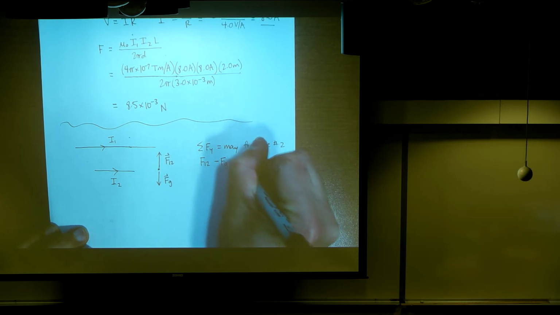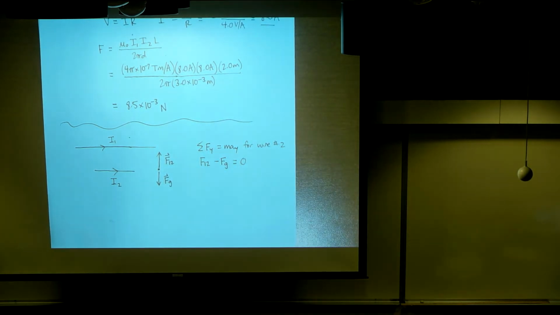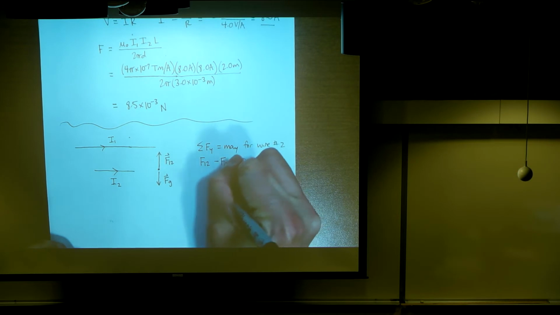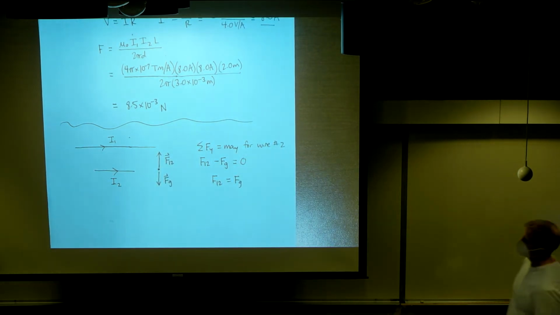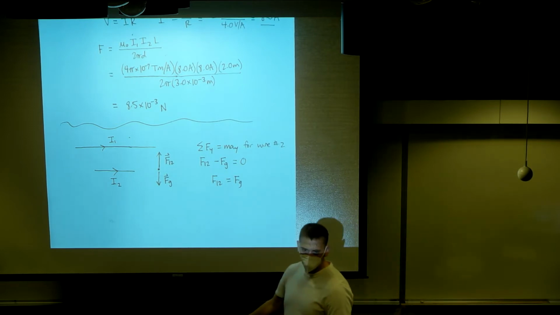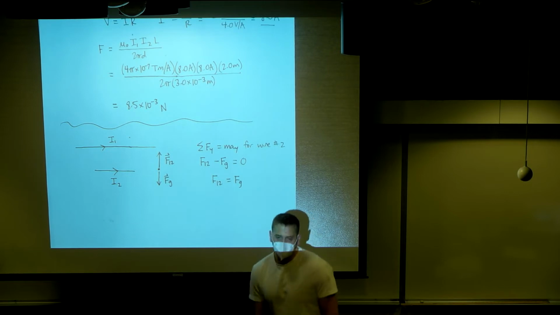What's the acceleration? 0, right? We're assuming it's suspended, so there's no acceleration. All right then, so that just means F12 equals Fg. This has to exactly equal the force of gravity to suspend it in the air, right? Pretty straightforward. So let's come up with a formula for both of these things.